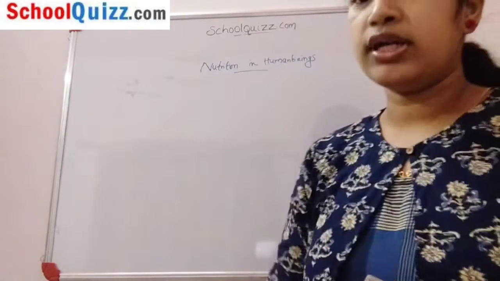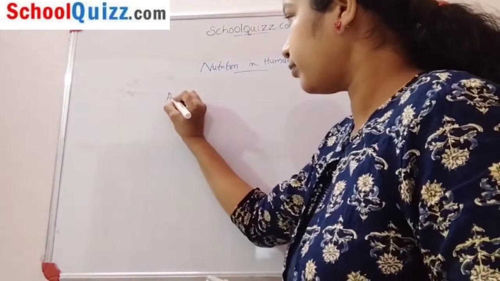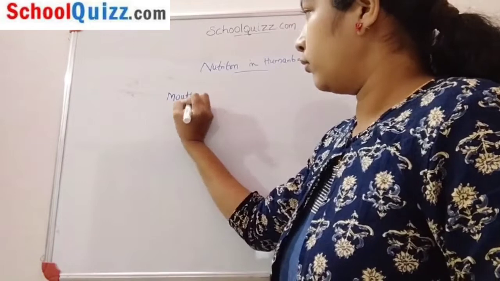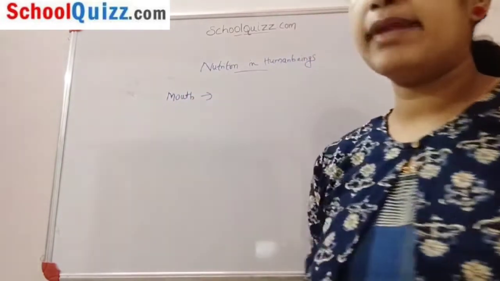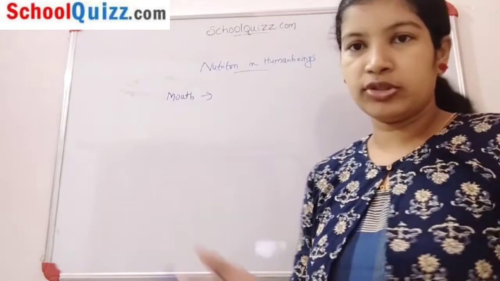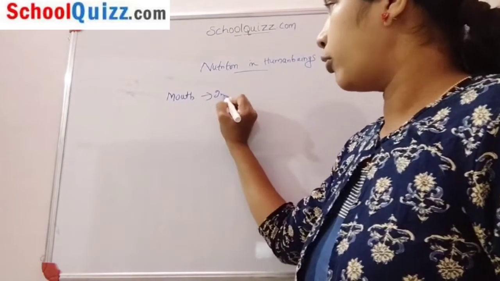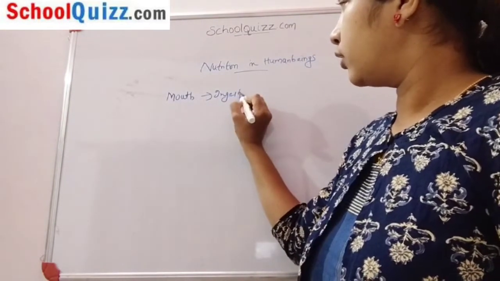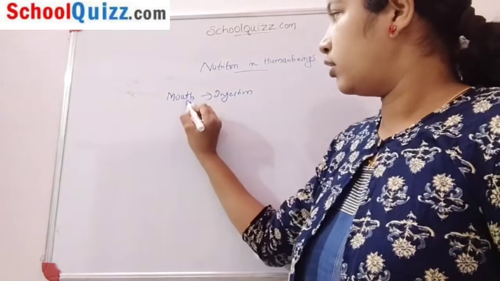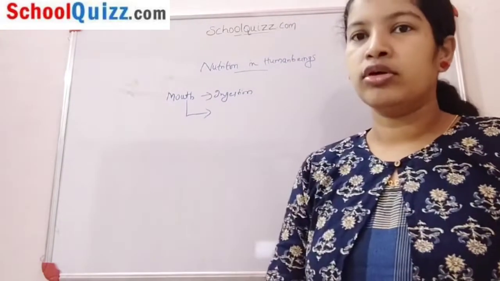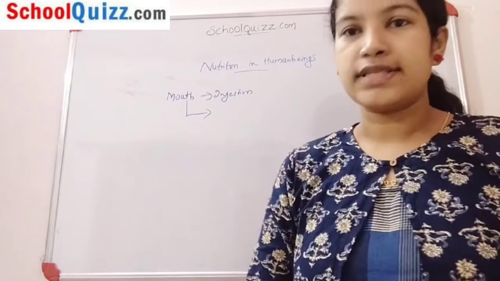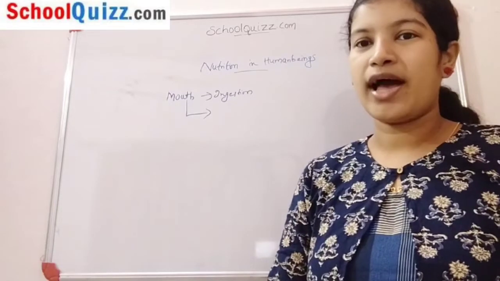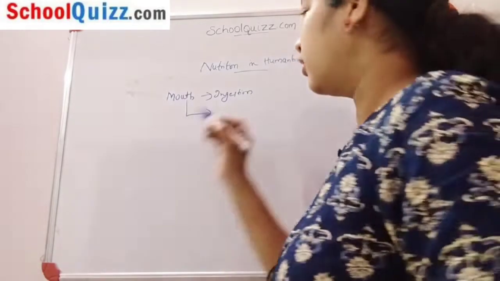First, we have the mouth. It is the place of ingestion of food, as you all know. Inside the mouth we have teeth, tongue, and salivary glands.